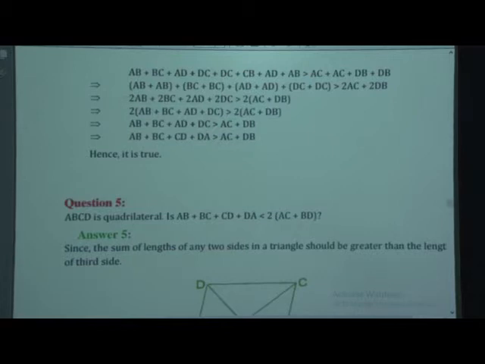We write it in a bracket, so it is 2 times AB plus BC plus AD plus DC. Again here we have 2 times AC plus DB, so the 2 will get cancelled. What will be left is AB plus BC plus CD plus DA is greater than AC plus DB. In this way we have proved that AB plus BC plus DA plus CD is greater than AC plus DB.